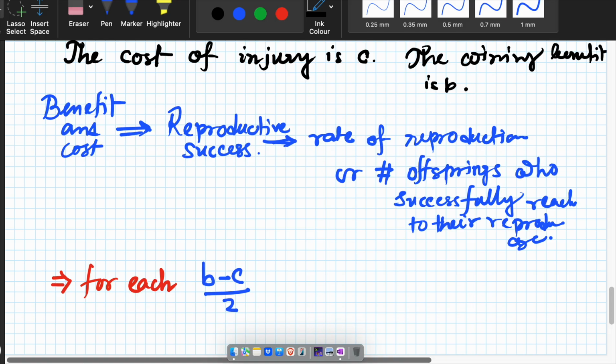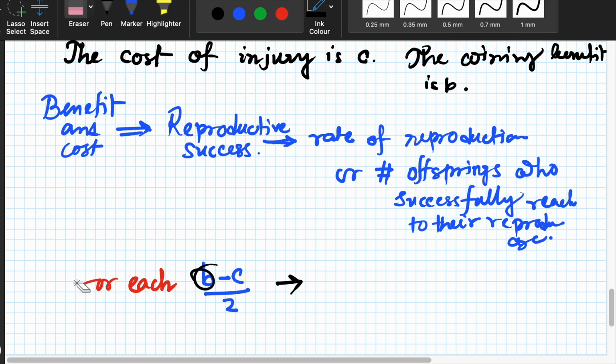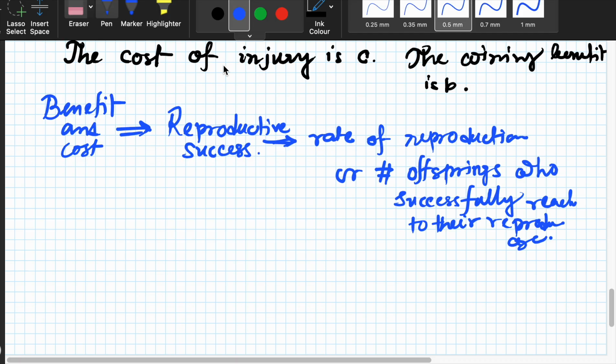Now if two hawks meet, so let me rewrite it in this way. Suppose two hawks meet.